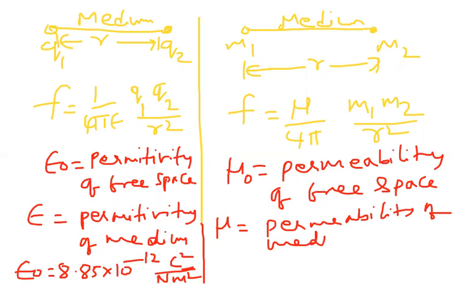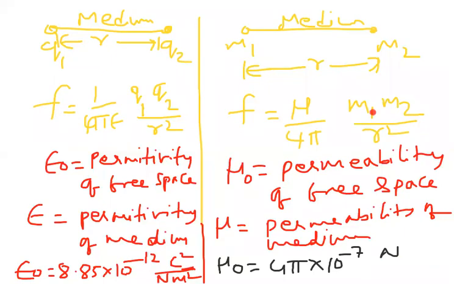And what is mu naught? The mu naught value I can write as 4 pi into 10 power minus 7. Here, observe how to write the units. Suppose I want the mu value. F is Newton.